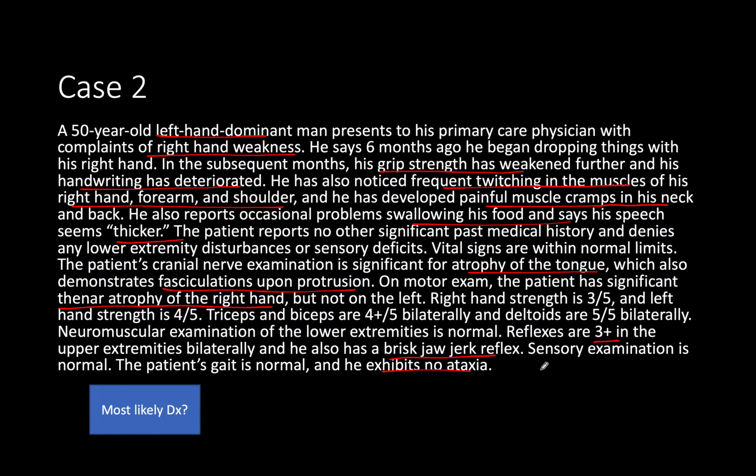Upper motor neuron, yep. ALS, right? Excellent.